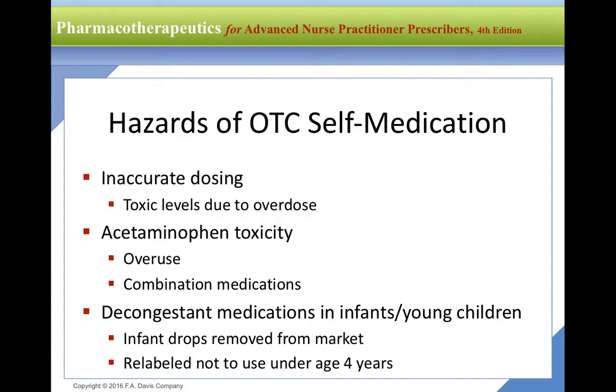Decongestant medications shouldn't be given to infants and children, and also they shouldn't be given to patients with uncontrolled high blood pressure. Decongestants act as stimulants, and they can raise your blood pressure to a hypertensive crisis. So just because they're over the counter doesn't mean they're 100% safe, but if they're given in the right amounts, they can be effective and safe for your patients.